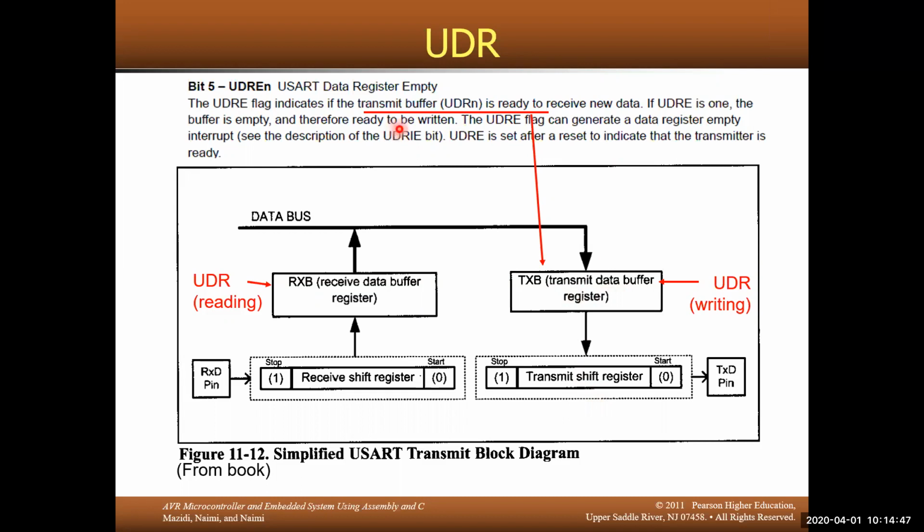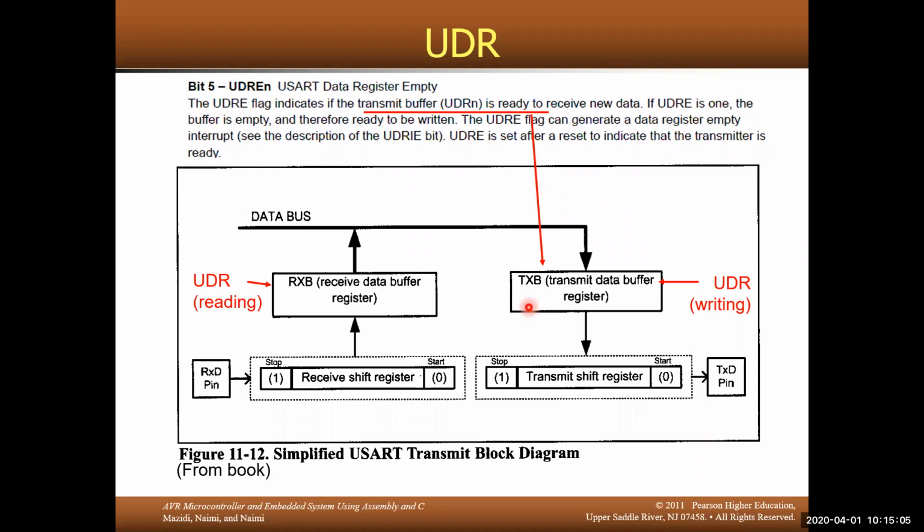So when you put something in the transmit shift register, does it automatically get pushed out to the pin, or is that separate? You never put something directly into the transmit shift register. Well, into the buffer, right, the transmit data buffer.